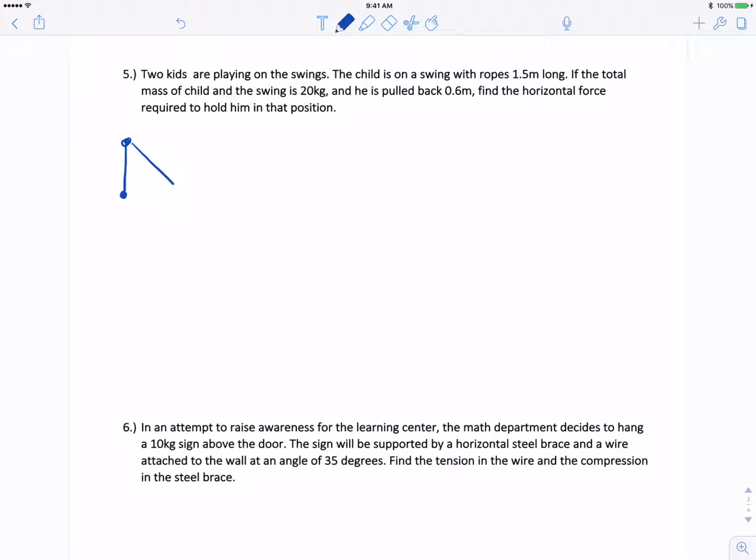So where the kid is here, like in terms of a picture, he has a mass, and he has gravity acting on that mass. Because they're giving you that 20 kilograms, the first thing I will do is figure out my force of gravity. So I get that nice little gravity thing here.